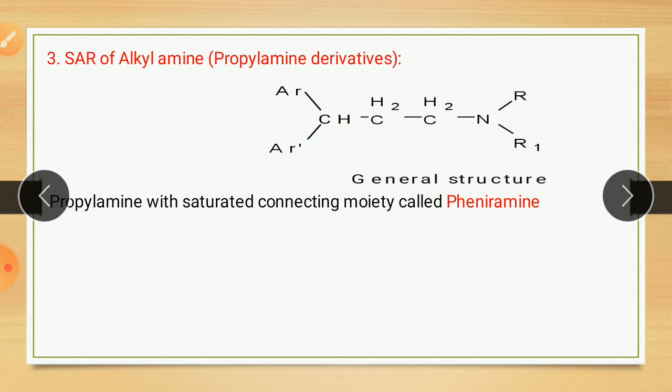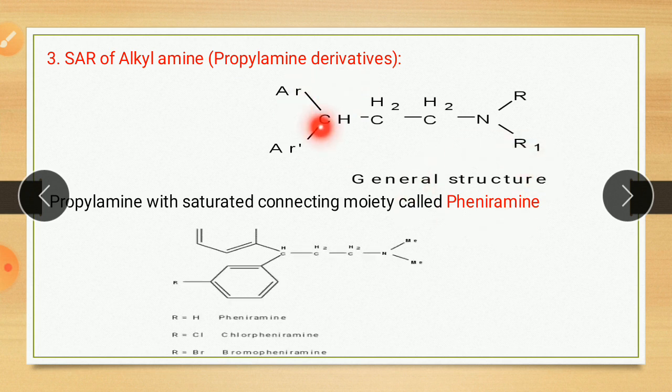The propylamine antihistamines are characterized structurally by an sp3 or sp2 carbon connecting atom. So this connecting carbon may be sp2 hybridized or sp3 hybridized.